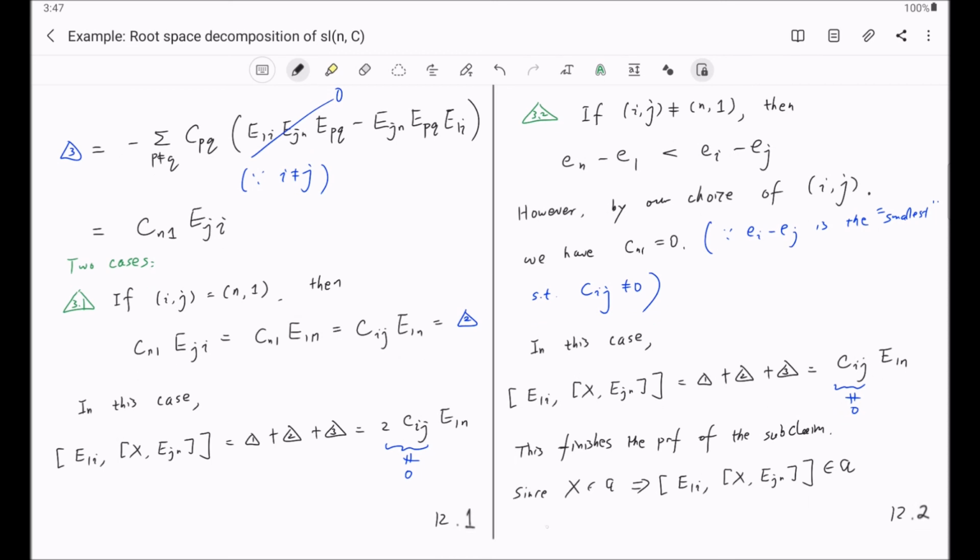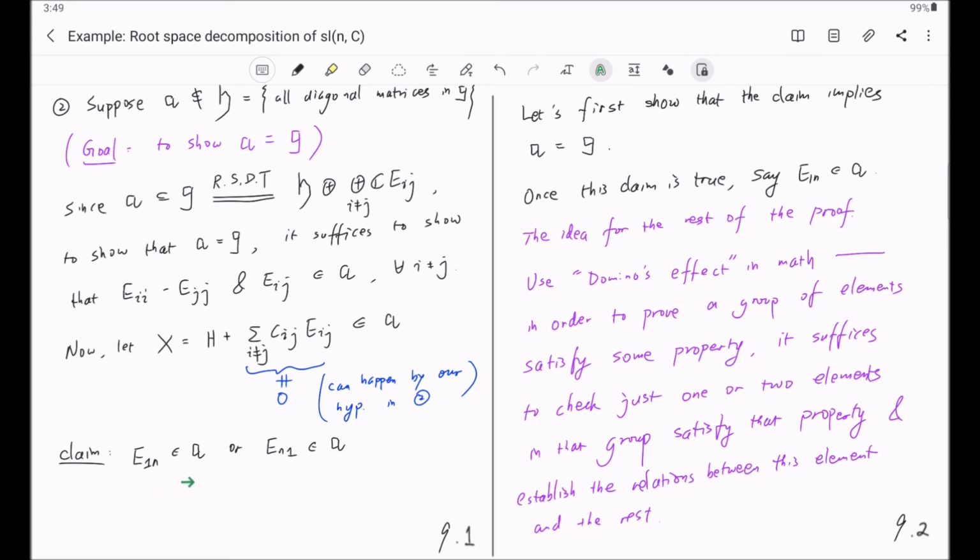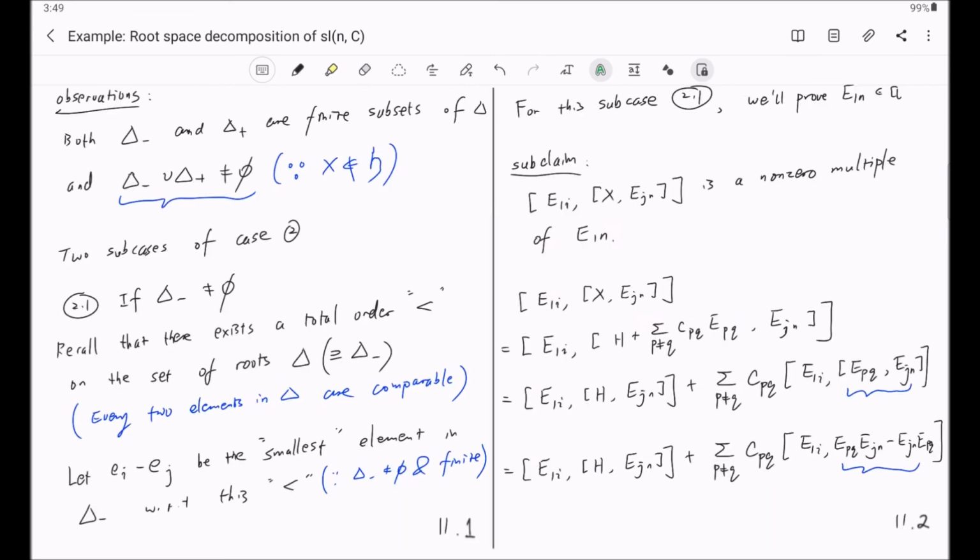And this subclaim will imply that e_{1n} is in A. And this is the end of our proof of this claim under the subcase that delta negative is non-empty.